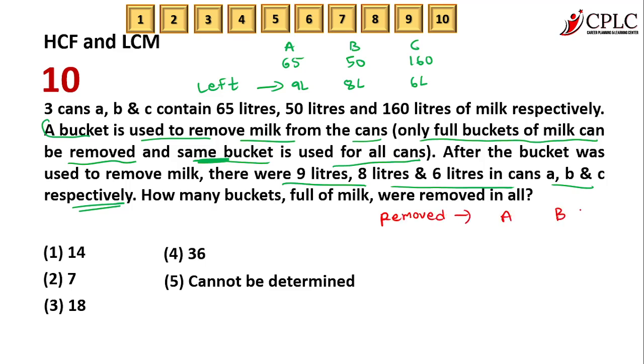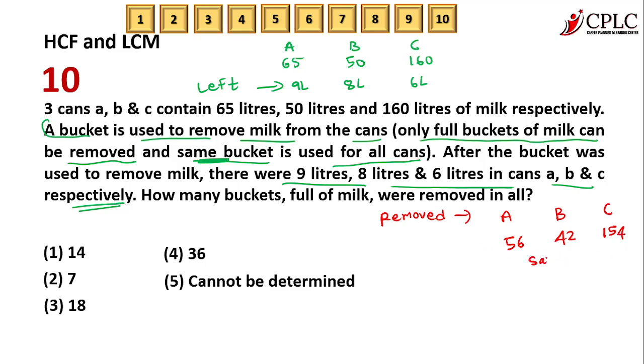A had 65, left with 9 liters now, so obviously 56 liters is removed. B had 50, left with 8, so 42 is removed. And C had 160, left with 6, so 154 is removed.